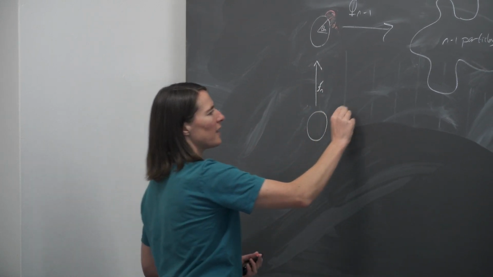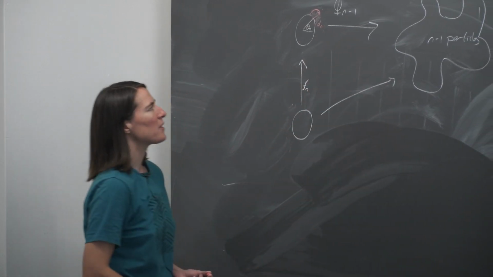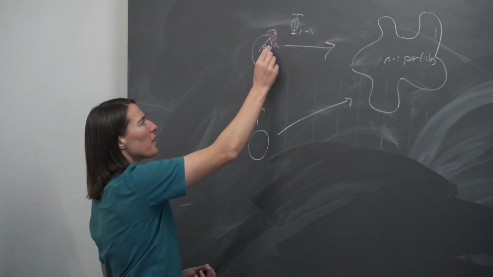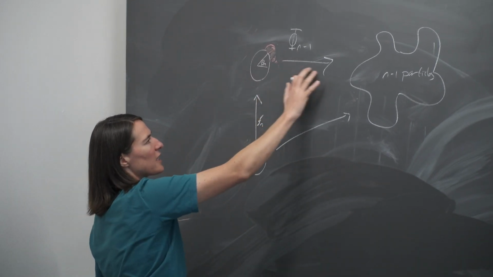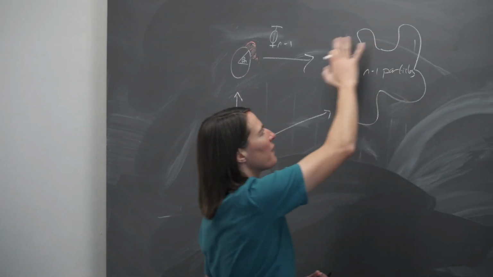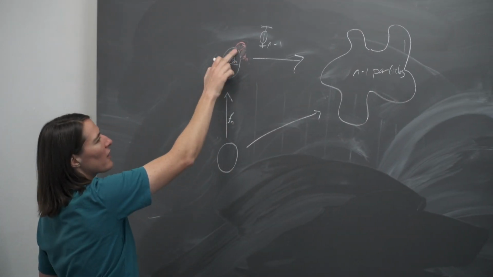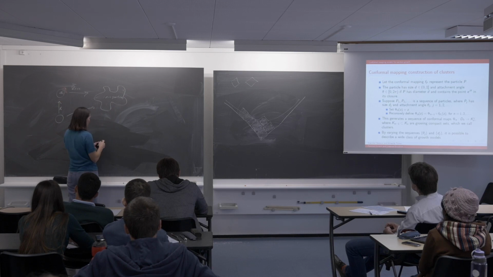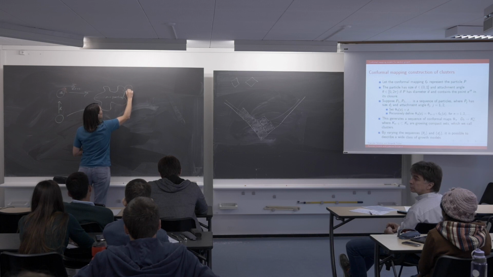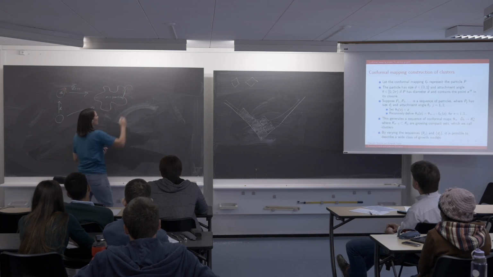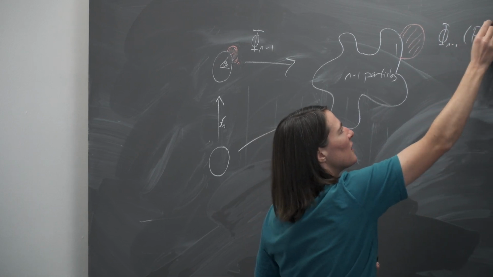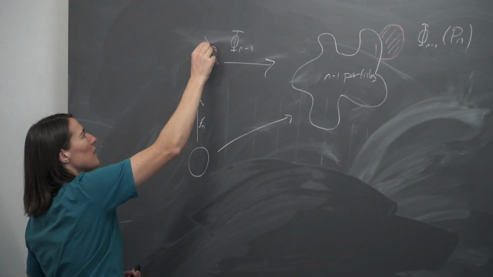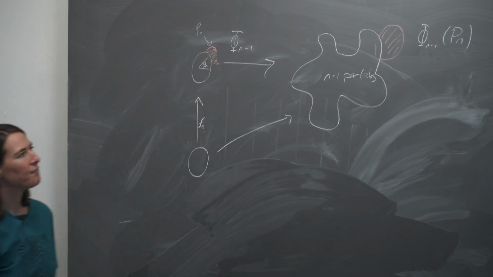Well, what happens if I compose these two maps together? Well, this particle is in the exterior of the unit disk, and the exterior of the unit disk is mapped by this map to the exterior of this shape. But they share a common boundary, and so the particle's got to share a common boundary with this. And so that over there is my phi n-1 of Pn, if this is the particle Pn.